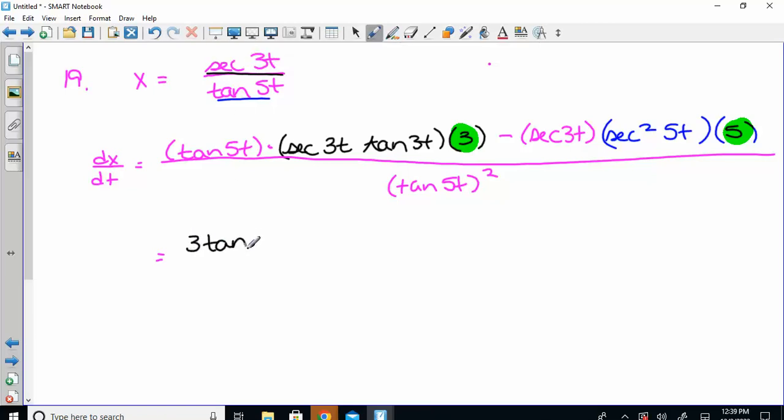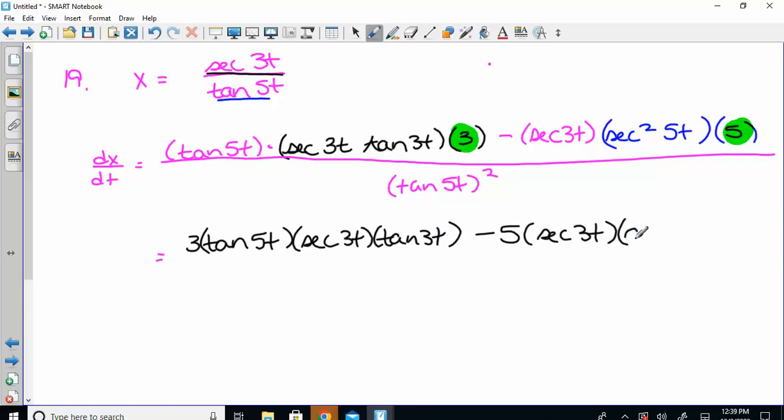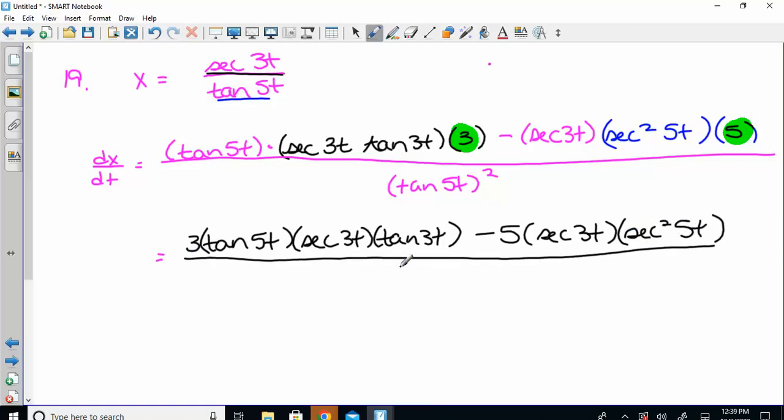So 3 tangent 5t, secant 3t, tangent 3t, minus 5, secant 3t, secant squared 5t, over the tangent 5t squared.